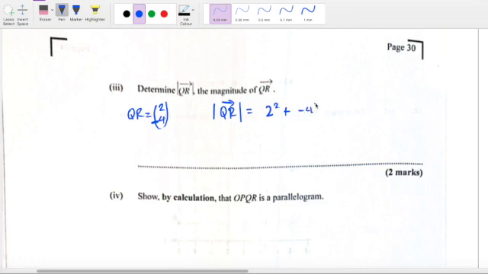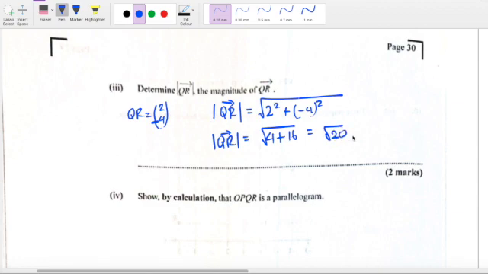So the modulus of QR is 2 2s are 4, plus 4 fours are 16, square root of that. So that is the square root of 20, which gives us about 4.47. That is the magnitude. I don't know if it's centimeters or what, so I'll just put units.